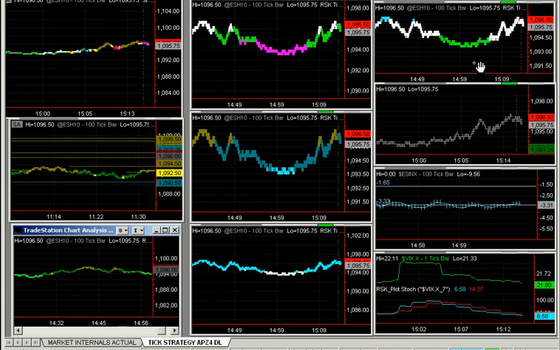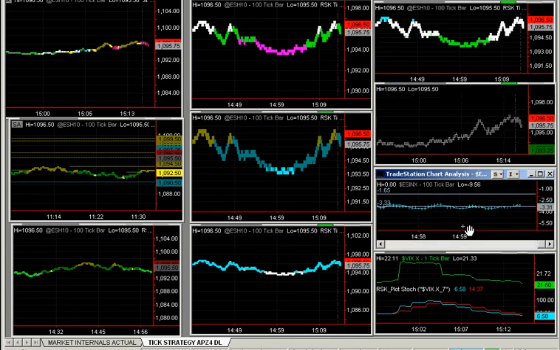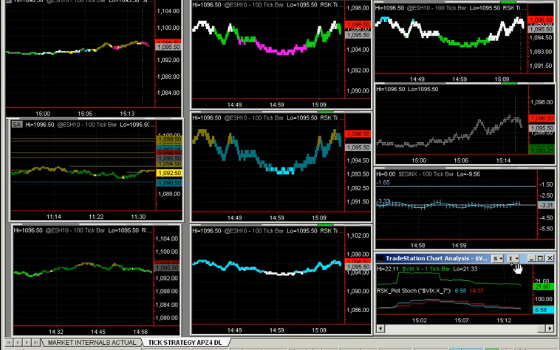Then over here, this simply is your old chart 10, where we're tracking our divergence. Here we're tracking the premium in relationship to linear regression. And over here, I happen to like to keep tabs on the VIX, whether it's going up or down. I can see it nicely just by looking at this chart.